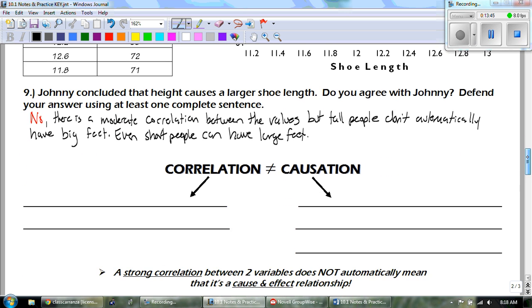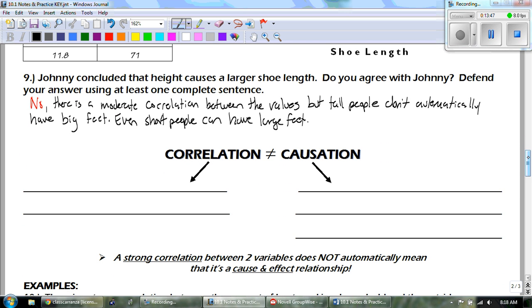All right, so correlation and causation. Remember that correlation is a relationship between two variables.